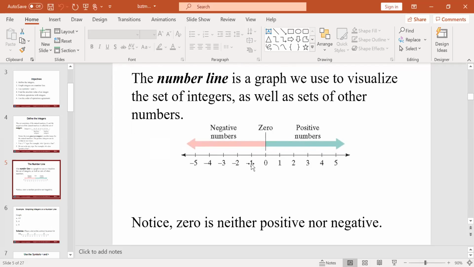But here, -1 is actually greater than -4 simply because it's to the right of it. So as I go from left to right, the numbers are getting larger. The negative side of the number line doesn't start with negative infinity or anything right here. It starts with -1 and it works its way down that way.